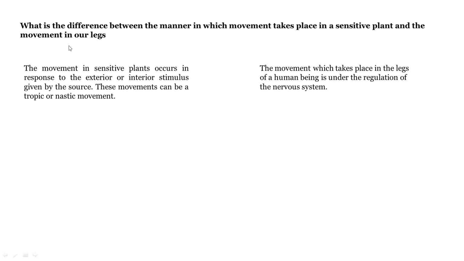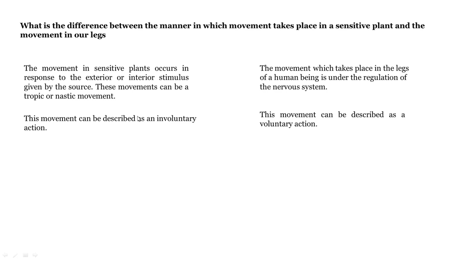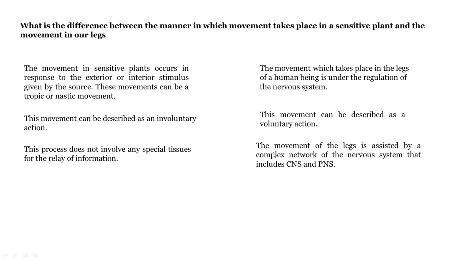But when you find the movement in the legs, the movement which takes place in the legs of human beings is under the regulation of the nervous system. Then second point: the plant movement can be described as an involuntary action, whereas here the movement can be described as a voluntary action. Then this process does not involve any special tissues for flow or relay of information.